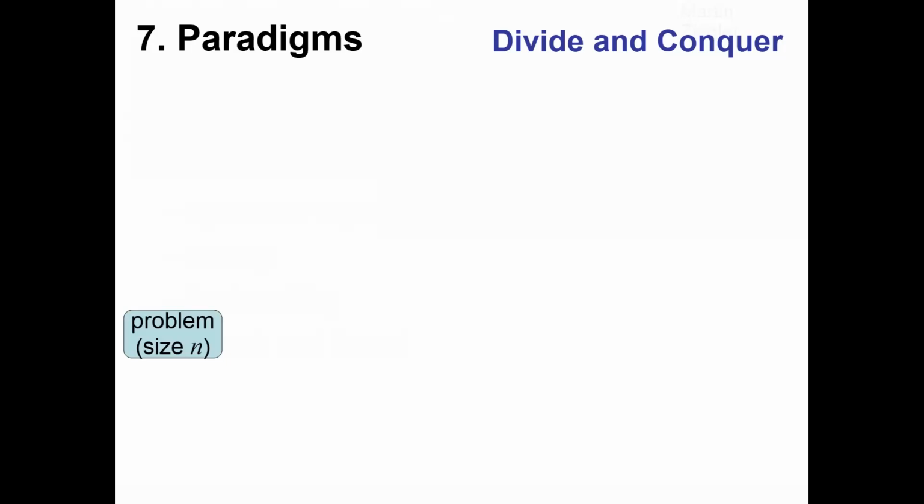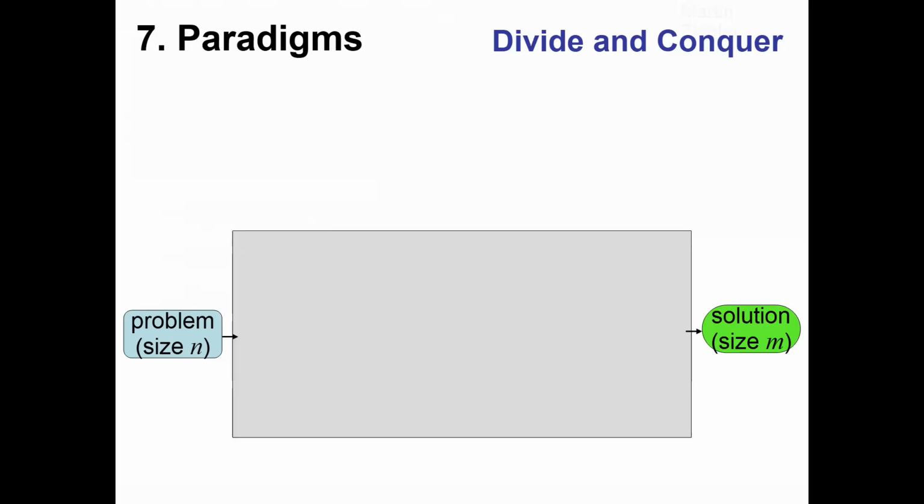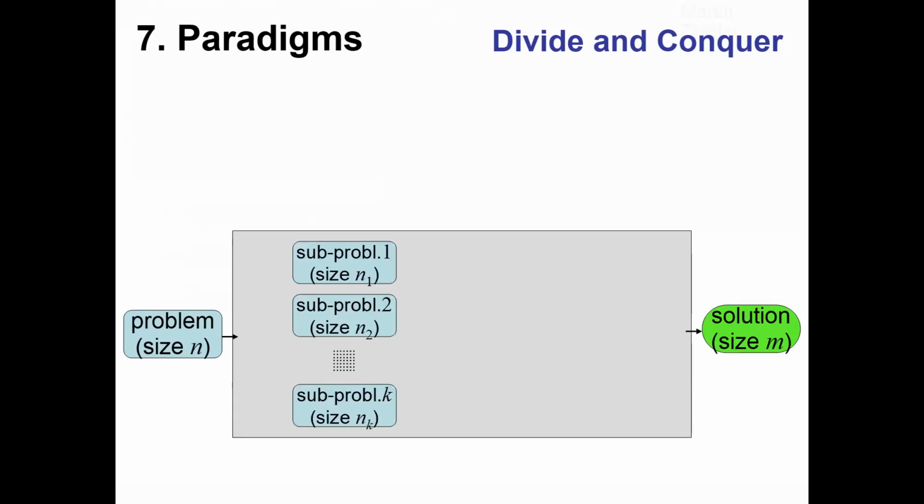We're given a problem of size, let's say n, and we're supposed to produce a solution to this problem. Let's call the size of the solution m. And the algorithmic approach of divide and conquer, here you see the rectangle representing the algorithm we're supposed to design.